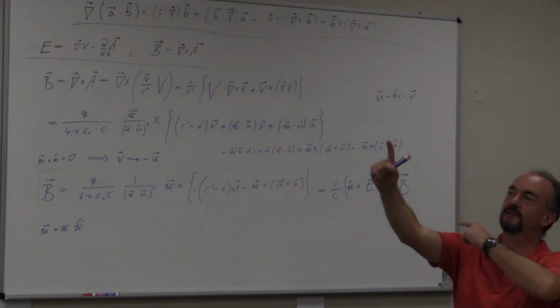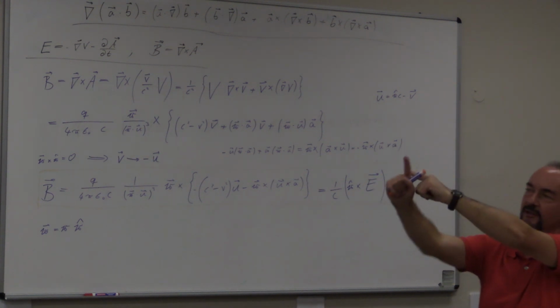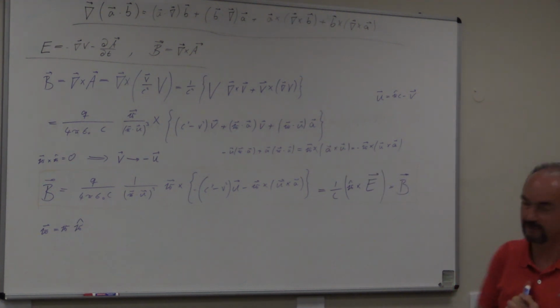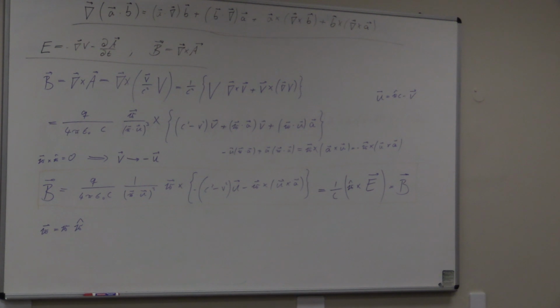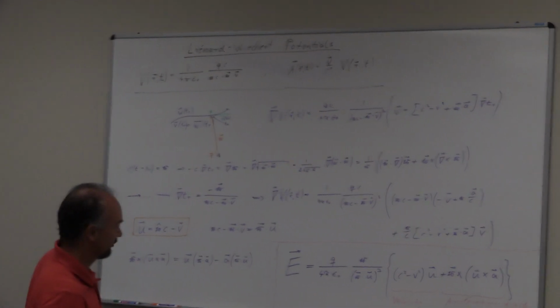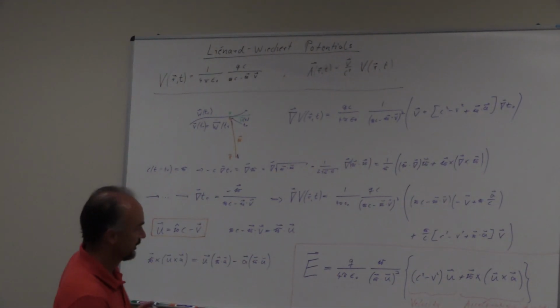The magnetic field, you see, will always be perpendicular to E, and always perpendicular to the direction of viewing towards the source. Okay, here we also see in what direction an electric field will point.